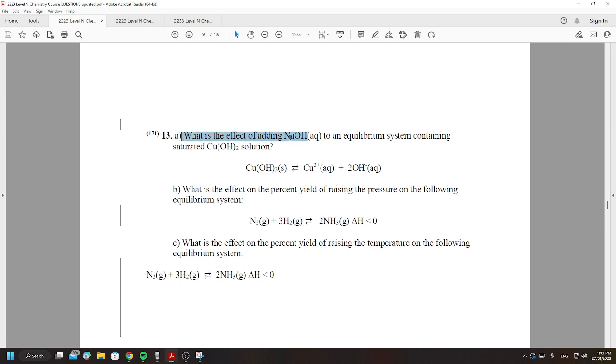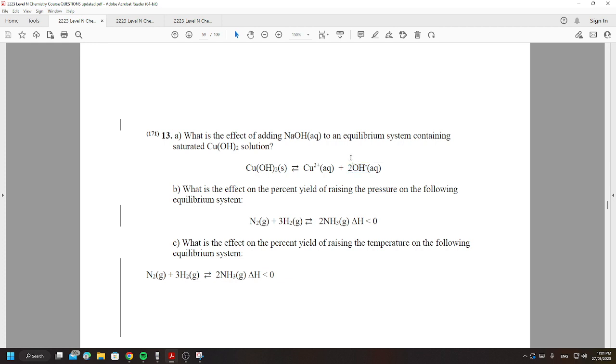Okay, what is the effect of adding NaOH to an equilibrium system containing saturated Cu(OH)2? Okay. So if we add NaOH, then we're going to have an increased amount of OH minus ions.